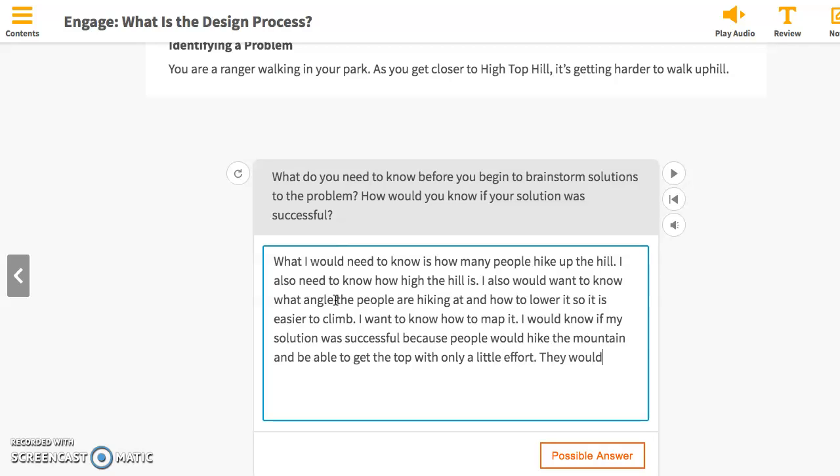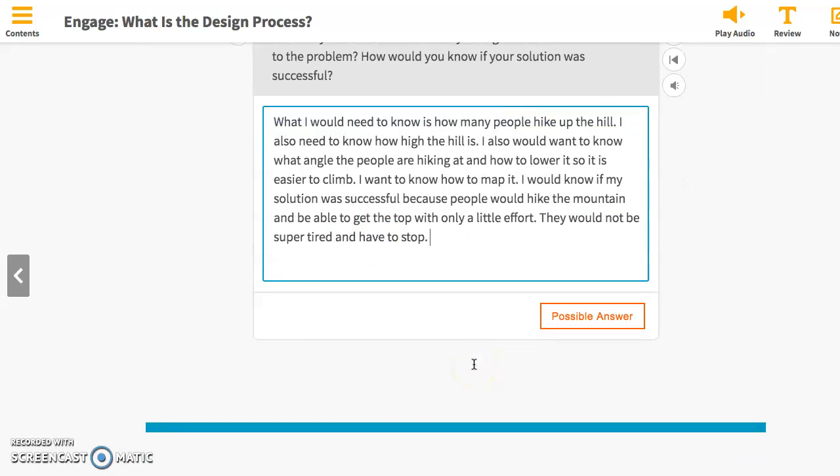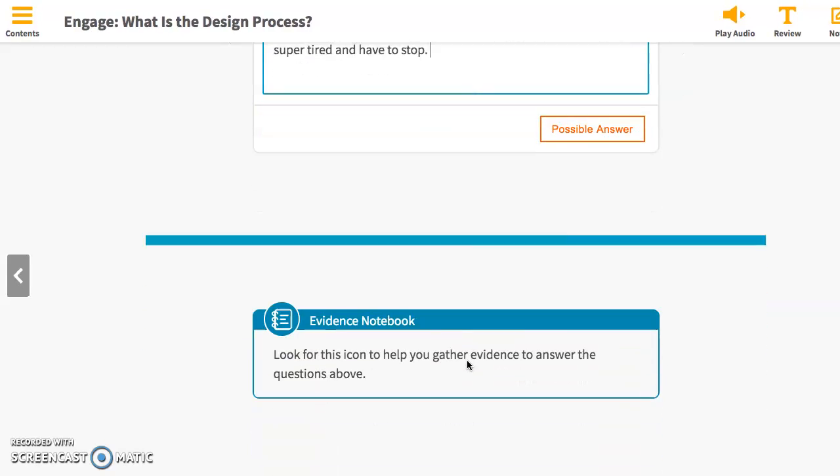They would not be super tired and have to stop. Right? They're going to make it to the top of the mountain. That's how I would know it was successful. You have way more people making it to the top of your mountain if you're successful.